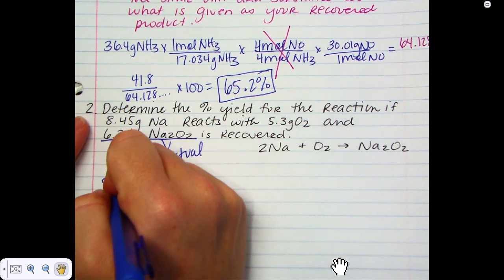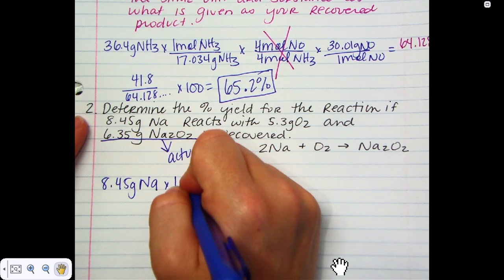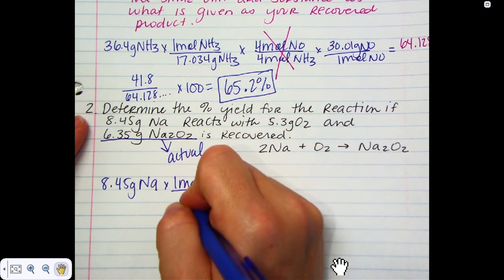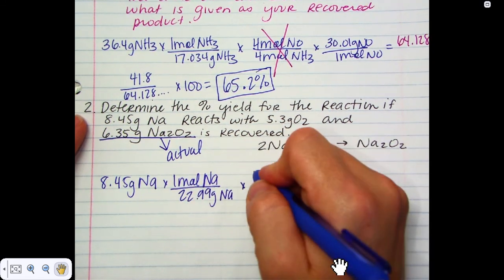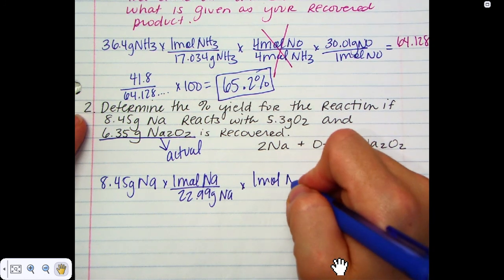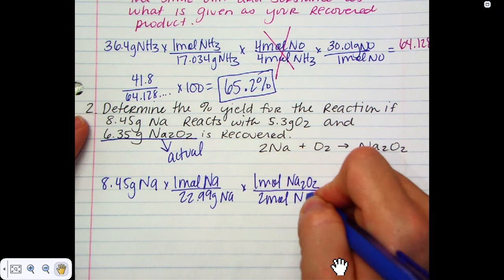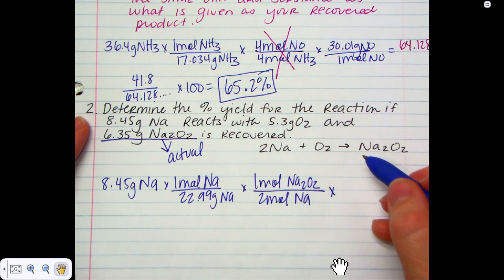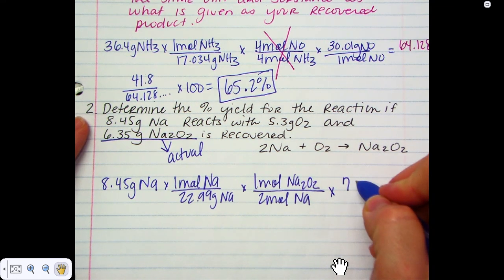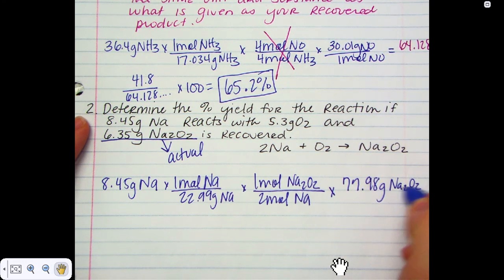So 8.45 grams of Na times 1 mole Na over 22.99 grams of Na times 1 mole of Na2O2 over 2 moles Na times 77.98 grams Na2O2 over 1 mole Na2O2.